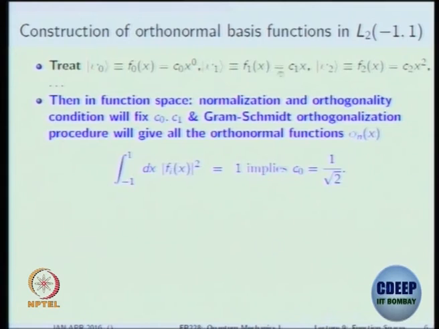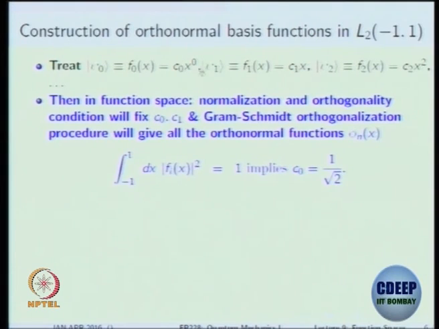But if you do this in the limit -1 to +1, what happens to the orthogonality between f0 of x and f1 of x? Is it 0? No or yes? That's an even function, this is an odd function, and this is going from -1 to +1. We can show that f0 with f1 is orthogonal.